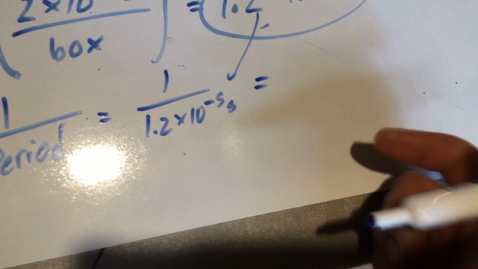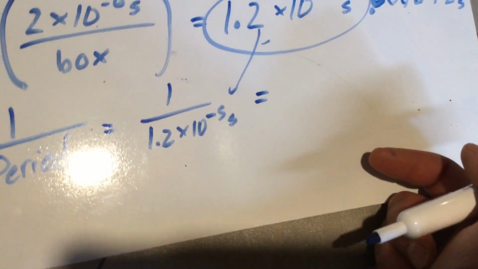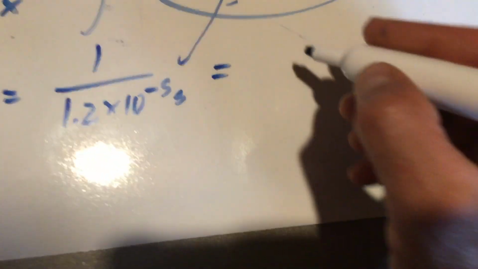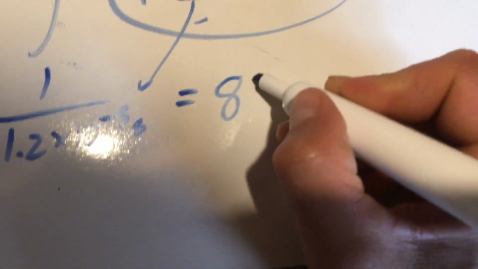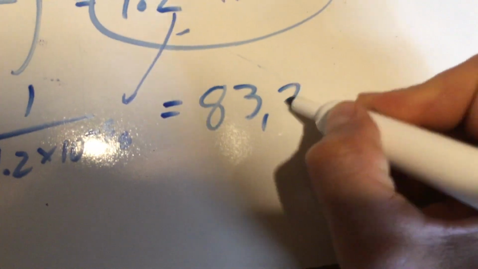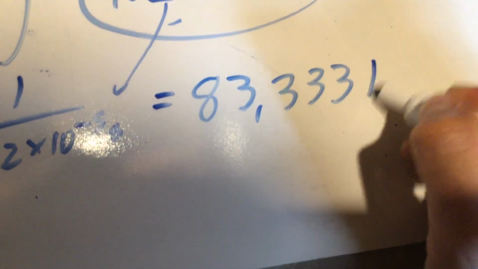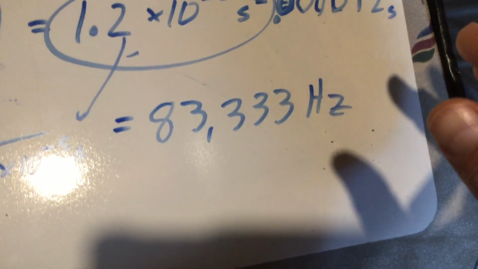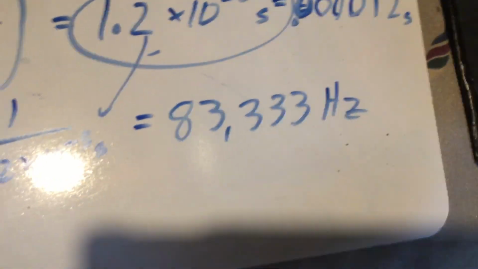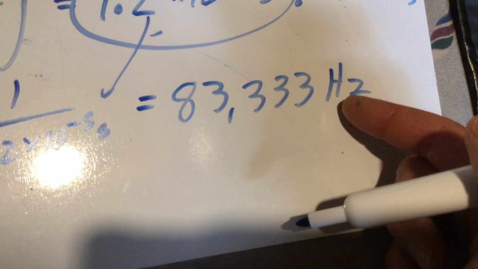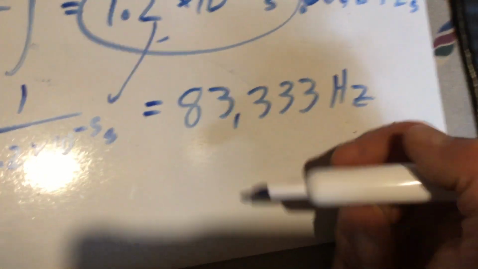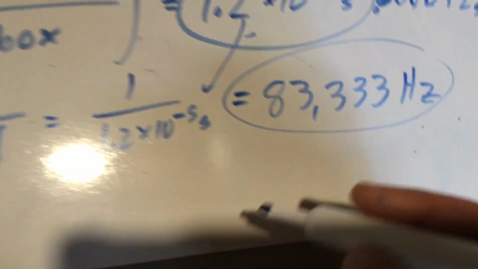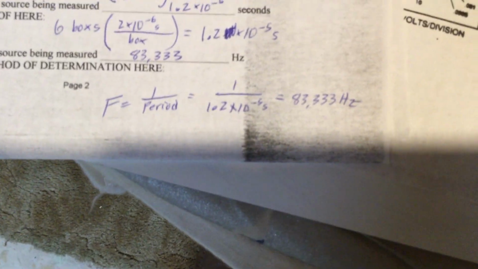We're going to do 1 divided by that number, and that will tell us the actual frequency. When I do that on my calculator, I get a huge number, 83,333, and the units are hertz, because hertz, as you recall, means that many things per second. So this means per second. So 83,000 hertz is the frequency, and as you can see, that's what I did on the bottom of the page.